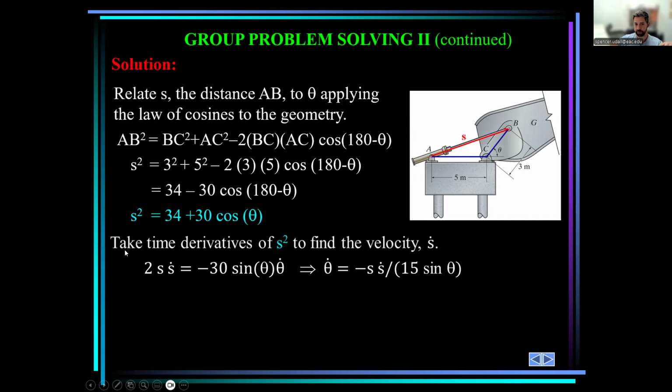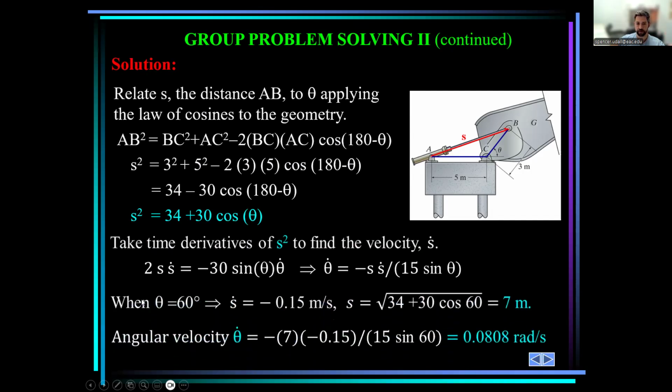So I'm going to rearrange this equation so that as long as I can go find s, s dot, and theta, we can plug it in and we're done. So let's try it. We know theta. We know s dot. They gave us those. Do we know s? Well, maybe we could solve for it when theta equals 60 degrees, because we did have a relationship between s and theta that we got a second ago.